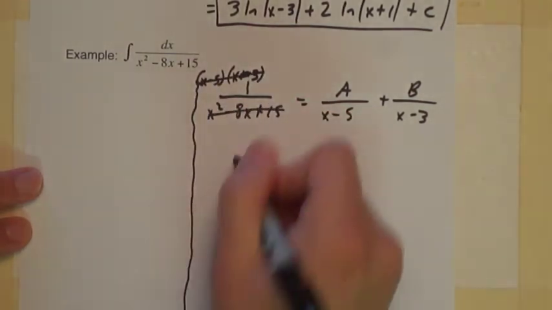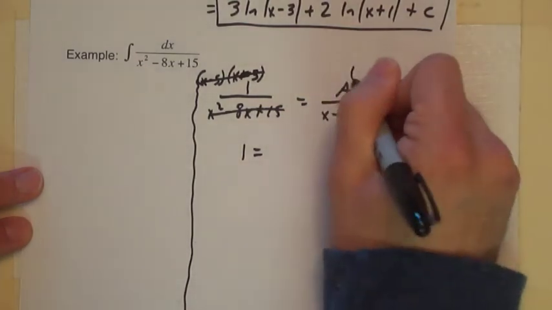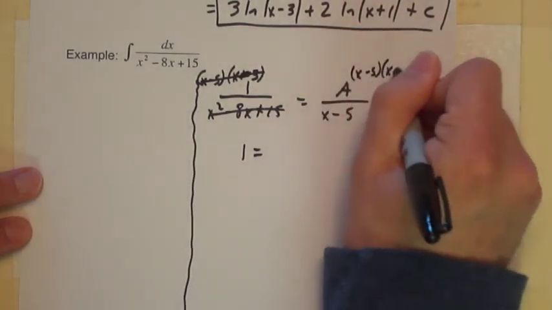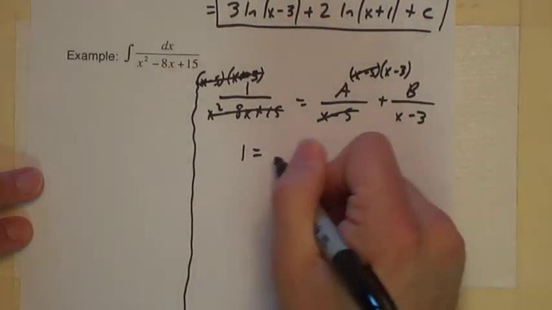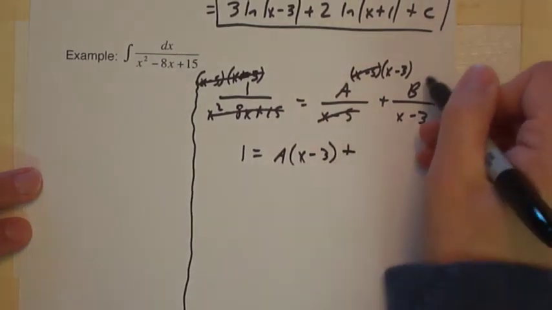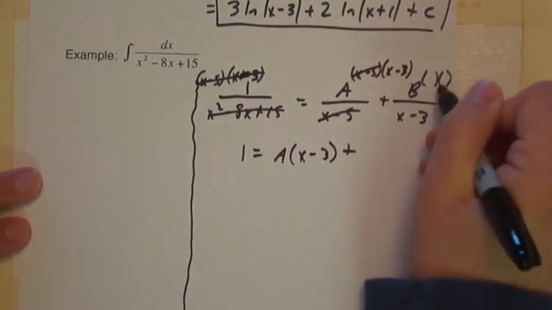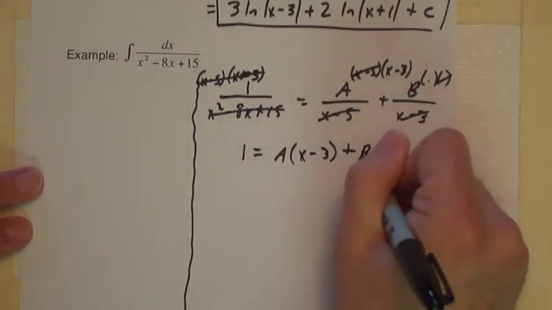This cancels with that, and we just get 1 equals. If we multiply this term by x minus 5 times x minus 3, the x minus 5's cancel and we get a times x minus 3. If we do the same thing here, the x minus 3's will cancel and we get b times x minus 5.